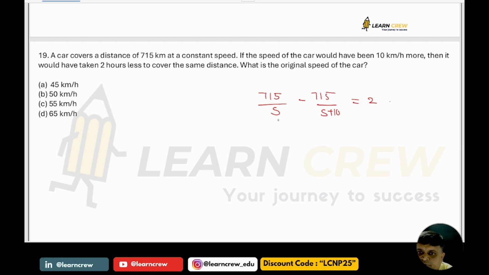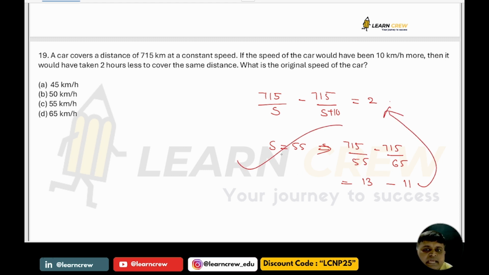If I keep 55, s is equal to 55, then what will I get? 715 by 55 minus 715 by 55 plus 10, 65. It is nothing but 13 minus 11, which is 2. Satisfied. So the answer is s is 55.